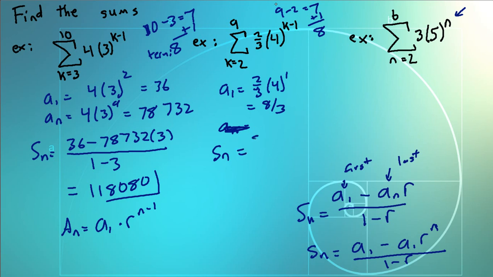So our A1 is 8 over 3 minus 8 over 3. Our ratio is 4, and I know that because of that right there. And n, well, I just figured up there are 8 of them. And then 1 minus our ratio, 3. So let's put that in.